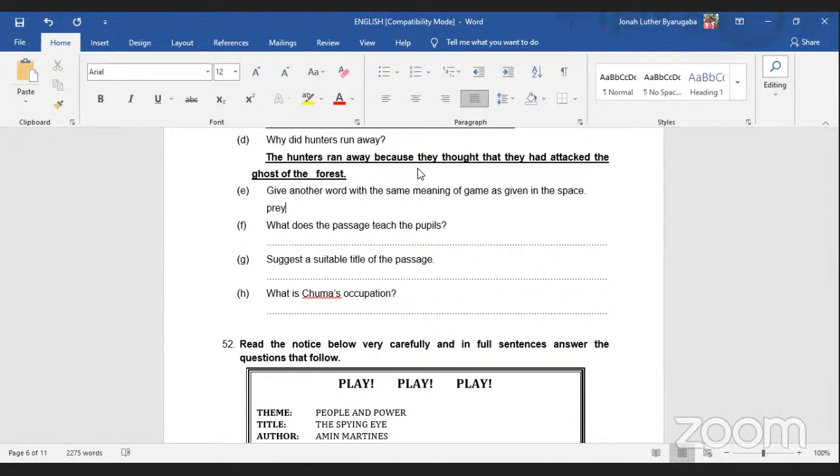That is quite... it may not. Let's try to find it, but for me, it does not bring it up. Leonard, what do you think? Teacher Lynette, I'm not sure because I was also confused. No, this game that we are talking about here is that animal, okay? The animal that the hunters look for. That is called a game.